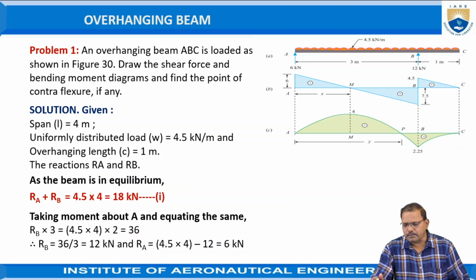The given data in the problem is the length of the beam, 3 meters plus 1 meter, that is, totally 4 meters. It is subjected to a uniformly distributed load over its entire length at the rate of 4.5 kilonewtons per meter.